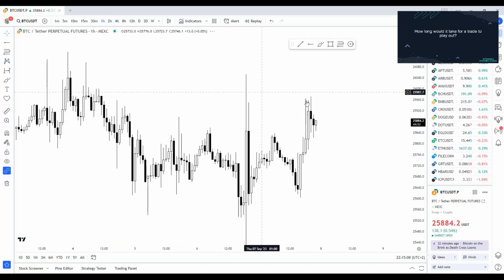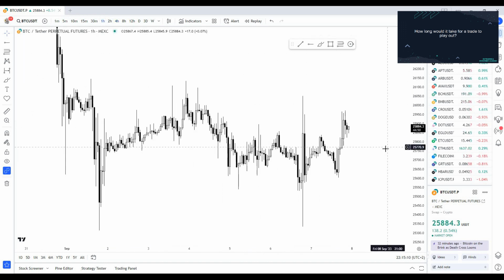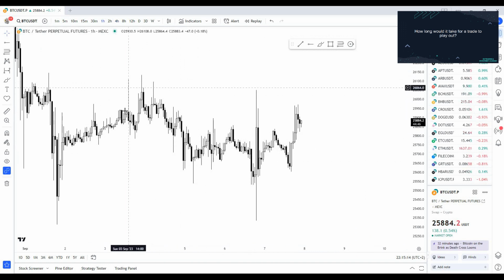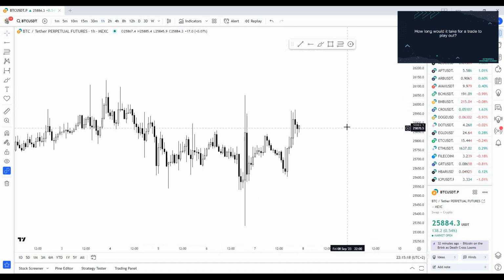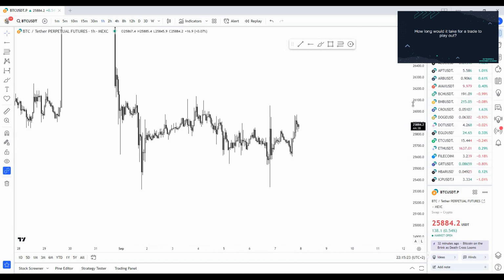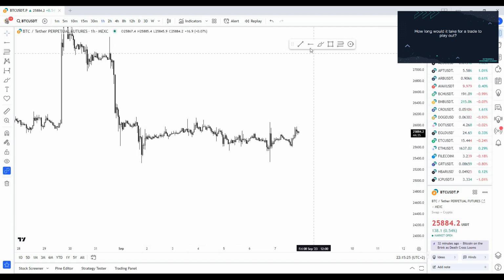and use higher time frames for confirmation of trades, because sometimes on a lower time frame you can have a great setup, like this Bitcoin hourly. Let's see, I draw a trend line.